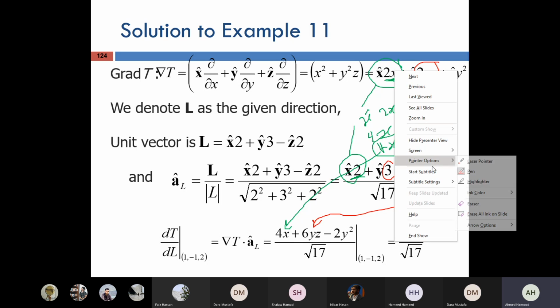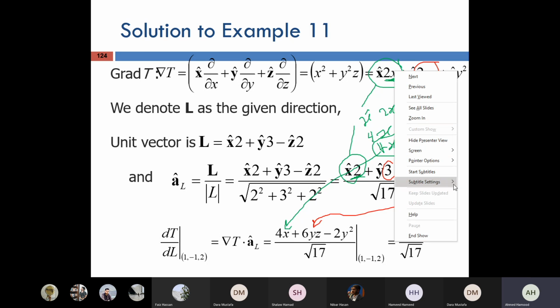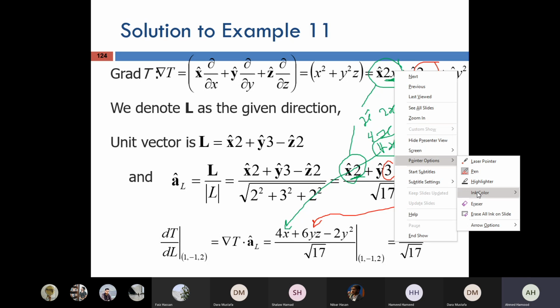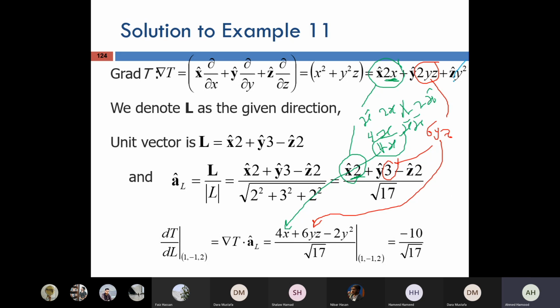The third part, which we have. Okay guys, trying my best to show you in an easy way. So we have y square, and you have negative 2. So we will have negative 2y square.